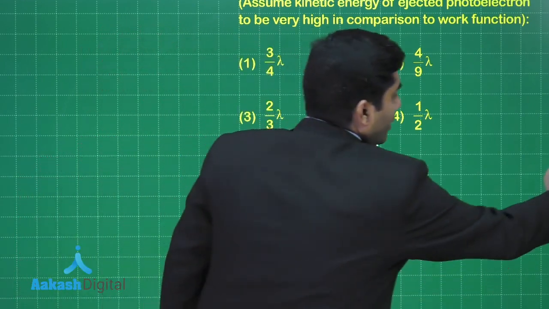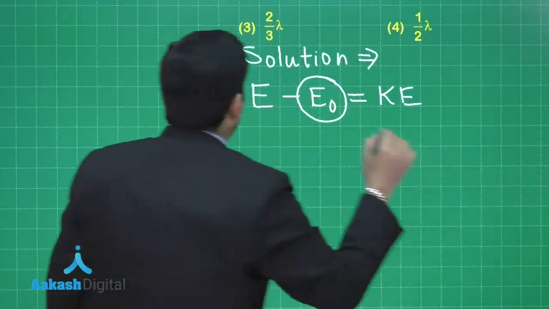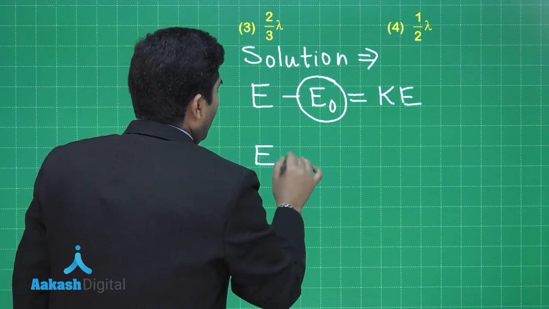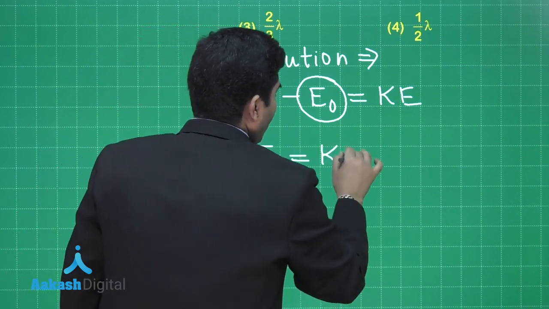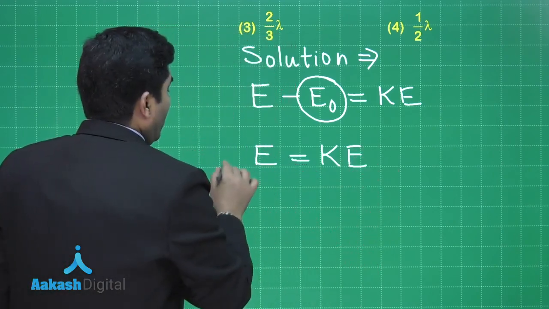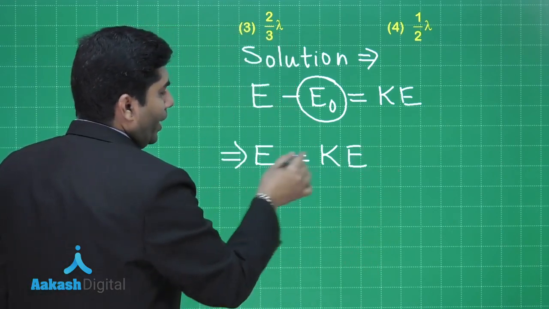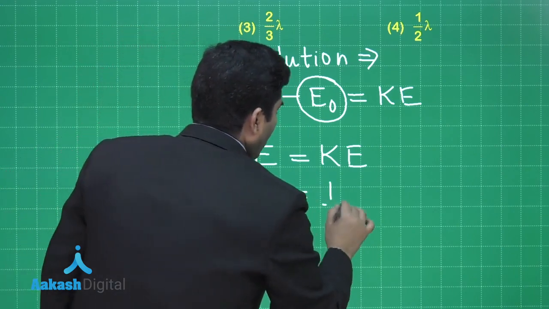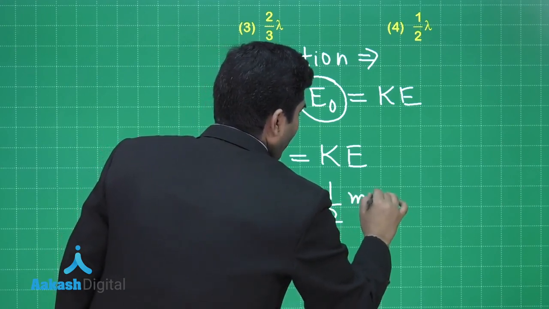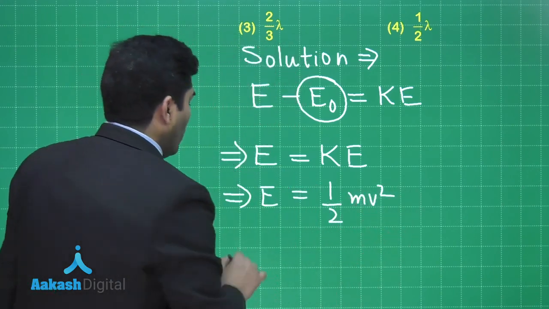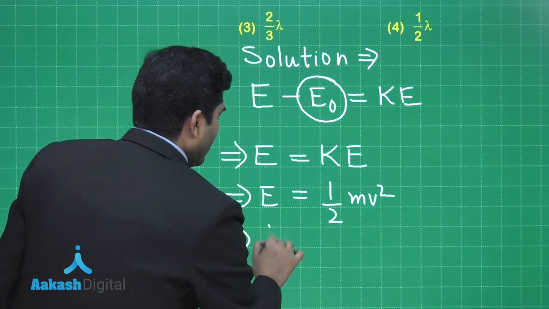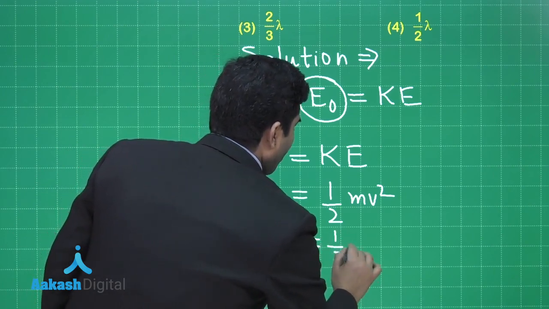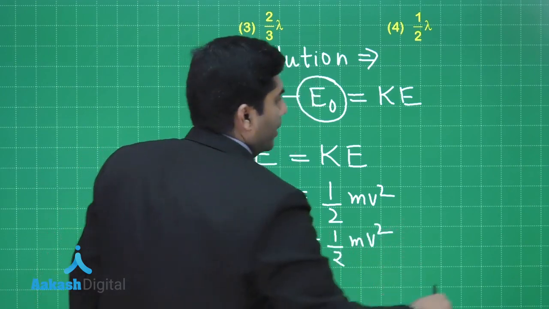So we are neglecting the work function and we will get the equation E is equal to KE, right? Now after neglecting E naught we are getting this, and E is equal to half mv square, or you can say that E is hc by lambda, that is equal to half mv square.